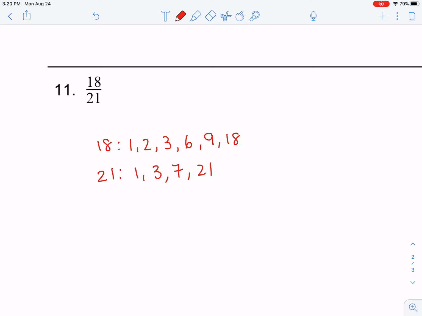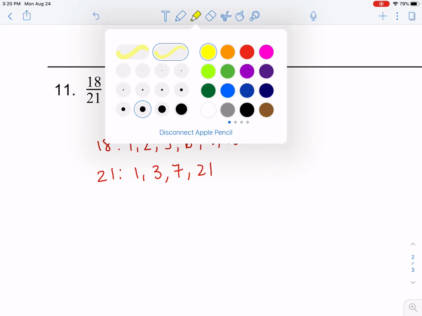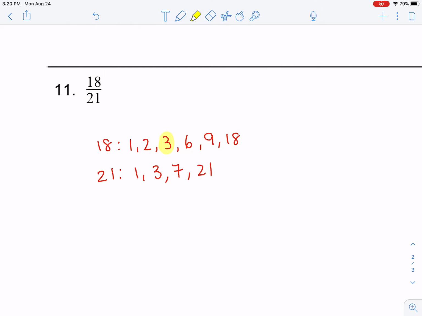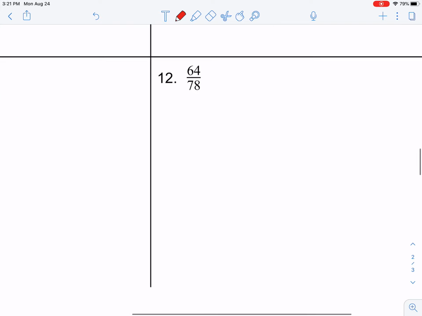Okay, so that means we can find out which one would work, and it looks like 3 would work. So we're going to divide both numbers by 3. 18 divided by 3 is 6. 21 divided by 3 is 7. So 6/7 would be our answer.